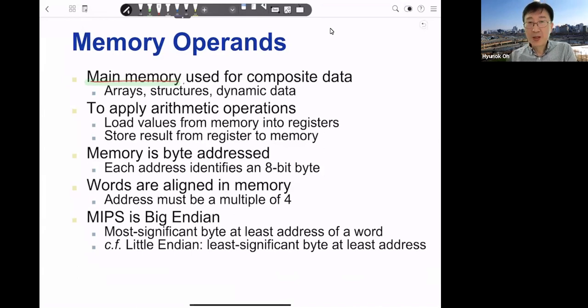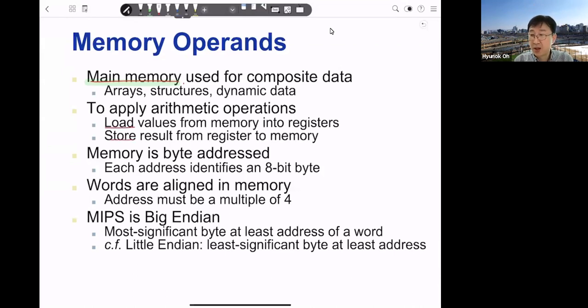For the arithmetic operations, every piece of data should be in the register, right? So in the arithmetic operation case, we cannot access the memory value directly. In order to access the memory, we need to use special instructions, which are the load instruction and the store instruction.